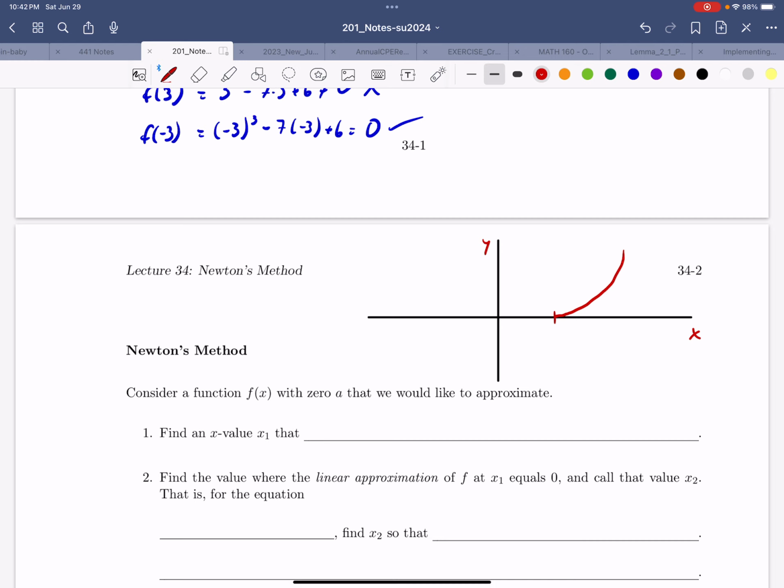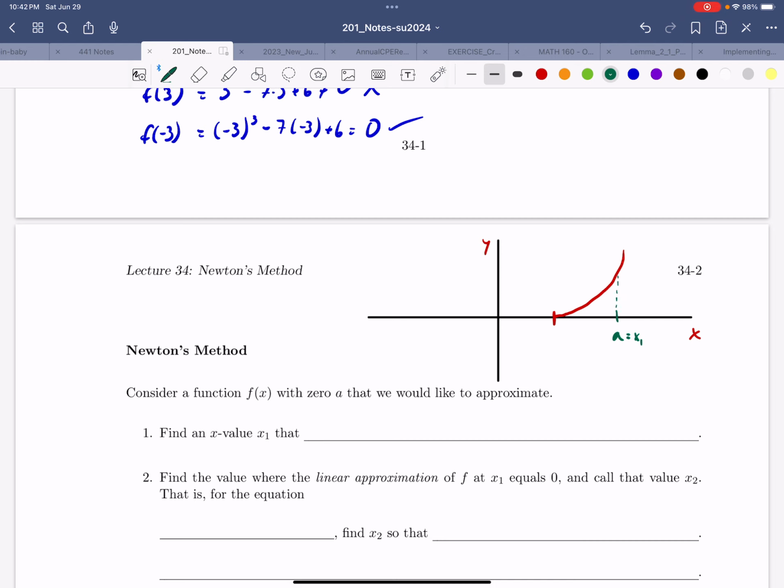That's our special point that we're really trying to get to. Well, what we can do is use the tangent line to approximate the curve. I hope that's familiar because that's what we did with linear approximation. So suppose we choose some value a, and we're going to call this x1.